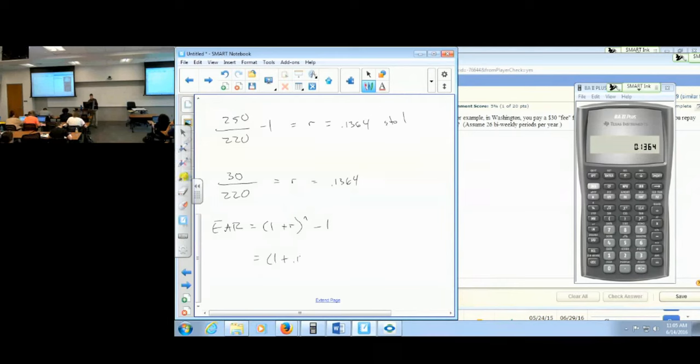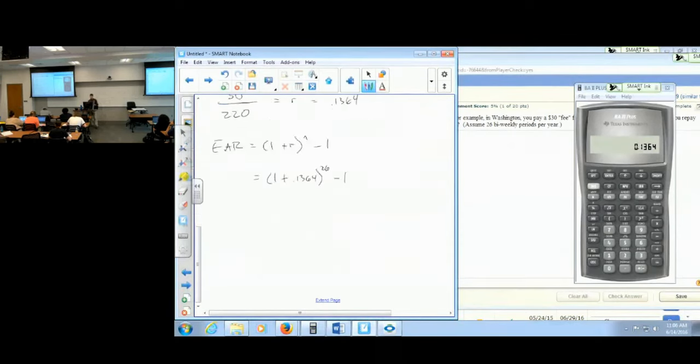So 1 plus 1.1364 raised to the 26, because there are 26 compounding periods in a year. So that plus 1.